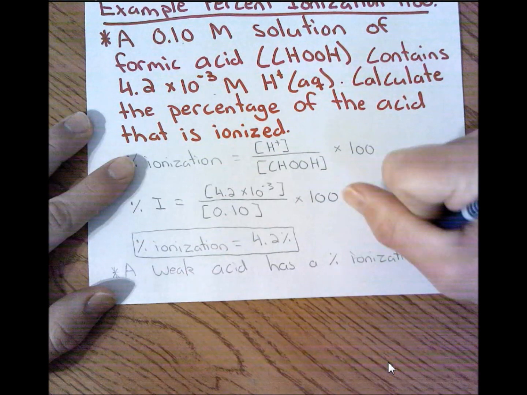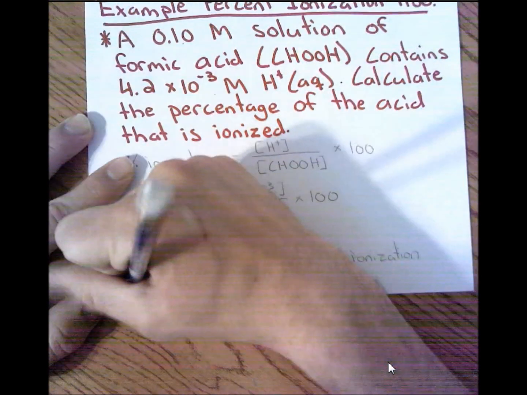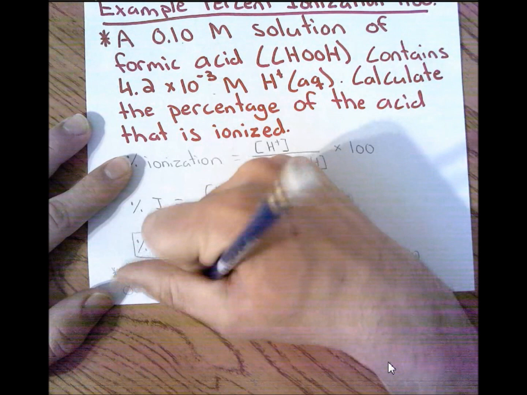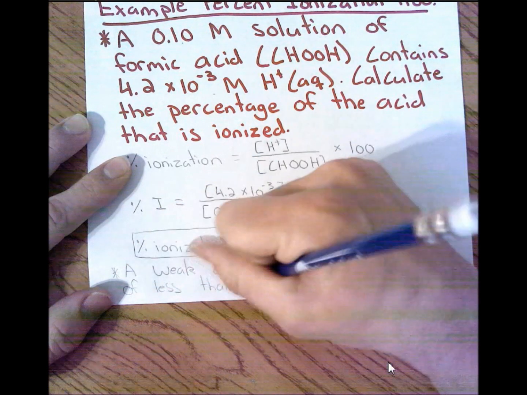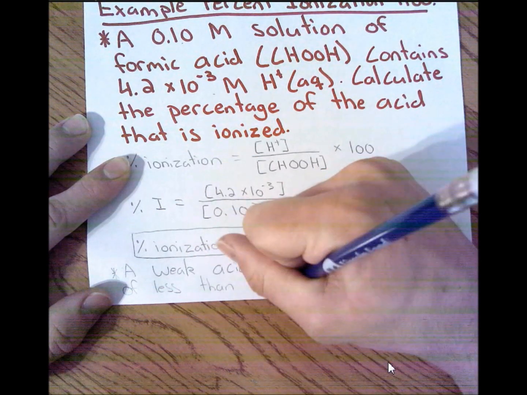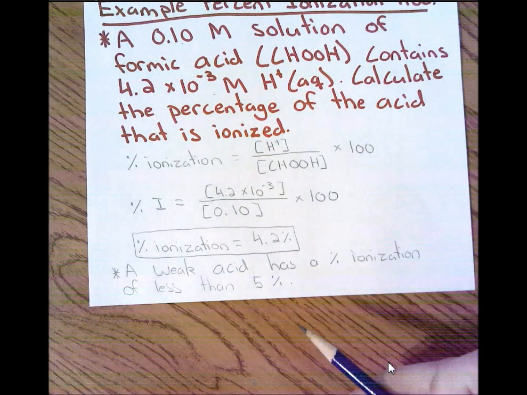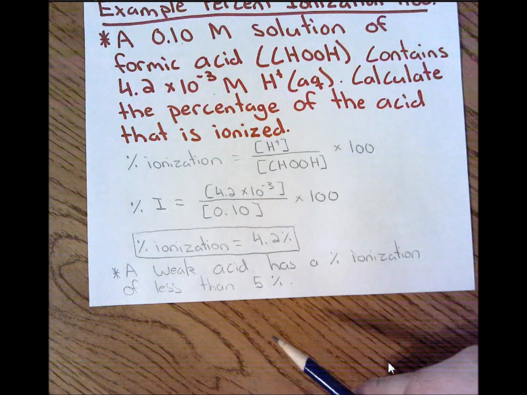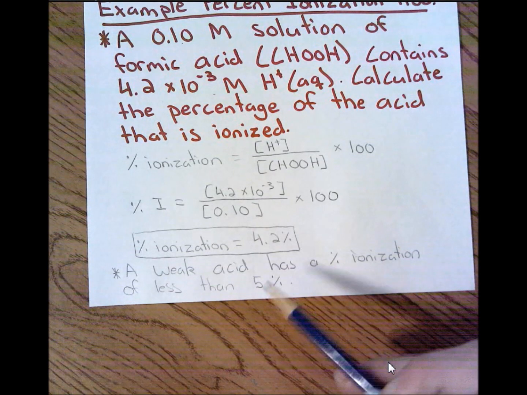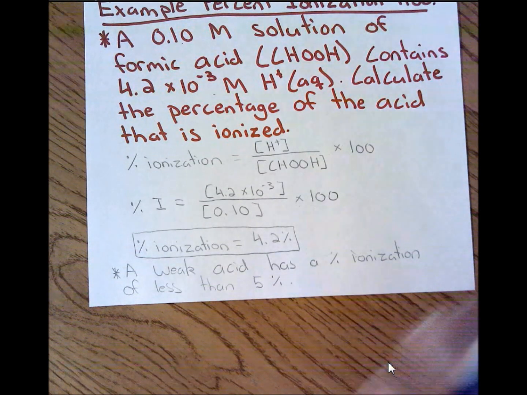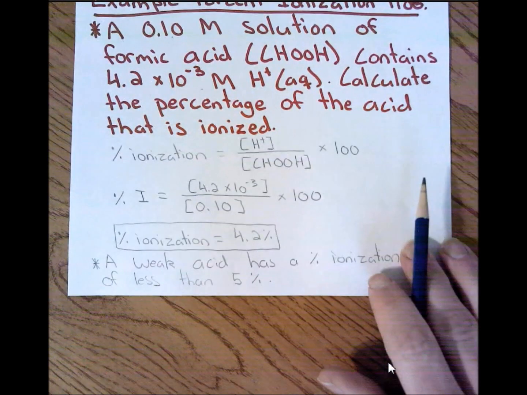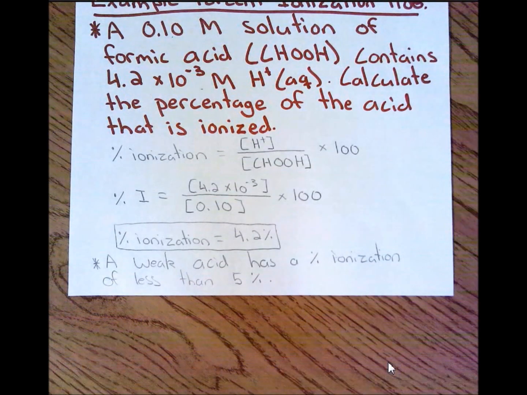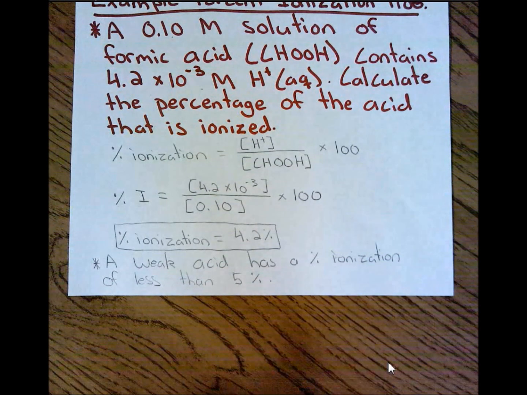Now, this isn't always the case, but typically it is. Typically, you won't see a weak acid much more ionized than 5%. So you can tell the big difference here between a weak and a strong acid. And another thing is there's not much middle ground here. You're either a weak acid ionizing less than 5%, or you're one of those 7 strong acids that ionize completely.